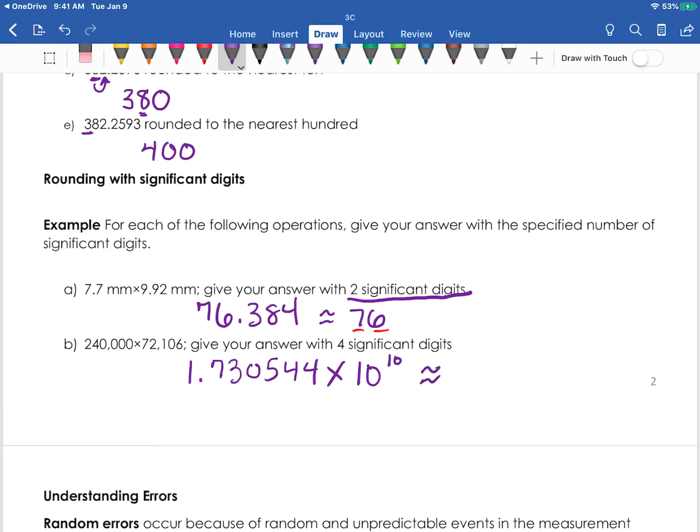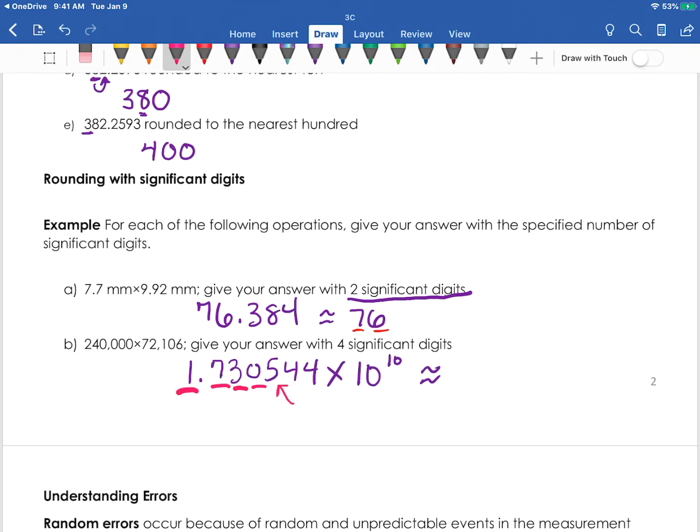But then, in order to approximate it, to give our final answer, we're going to approximate it with 4 significant digits. I only want to see either 4 non-zero numbers or numbers with zeros in them that are considered significant. So, if I look at this here, I have 1, 2, 3, 4.